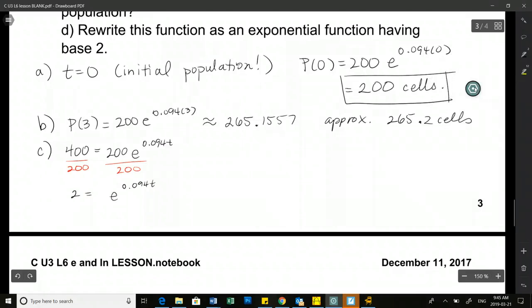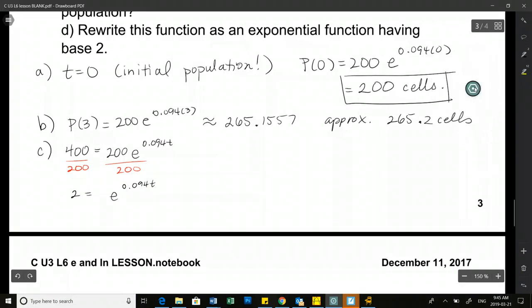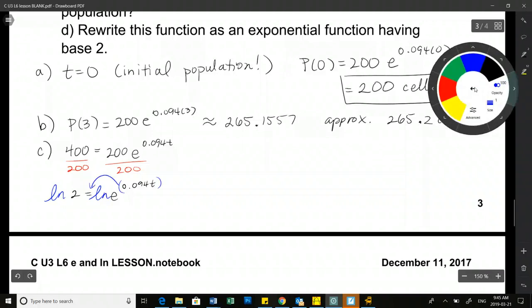Now that I have the base and the exponent isolated, technically you can use log. It just is easier when we use ln, because we'll always end up getting a ln of e, which we can just set equal to 1. So it's nice to use ln when you have a base of e. We can bring our exponent down in front, parachute rule.